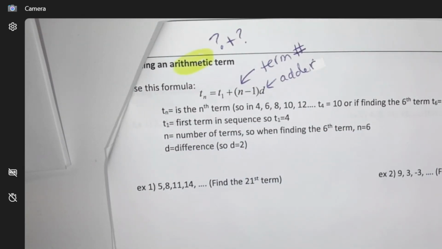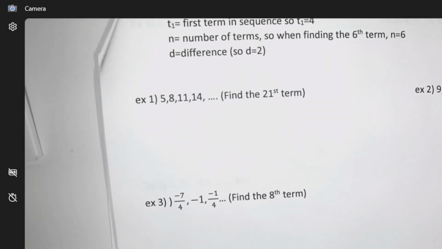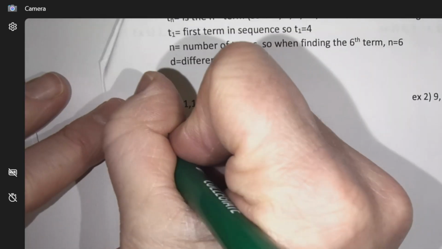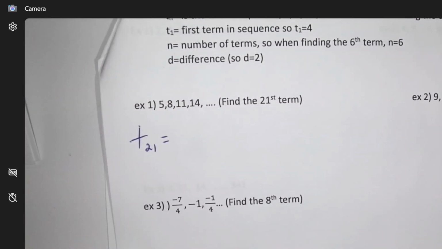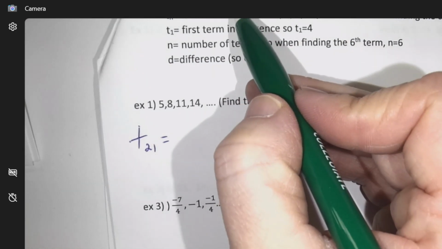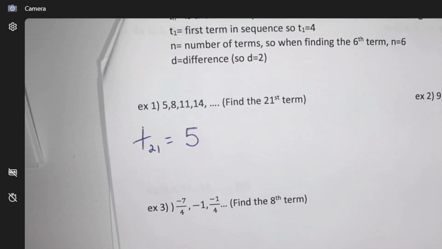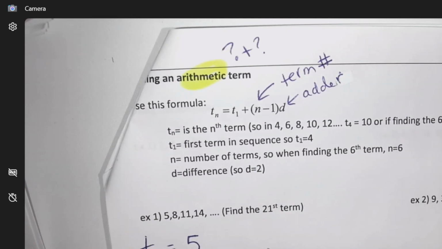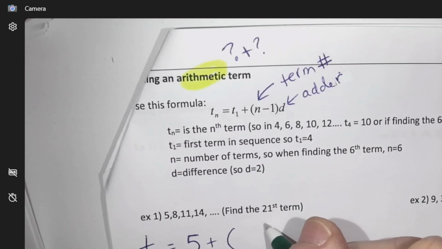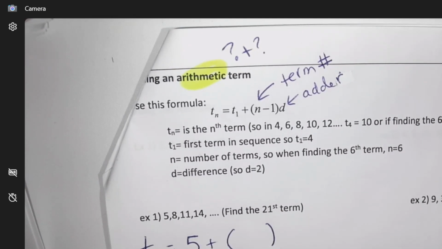Okay, here we go. Find the 21st term. So figure out term 21. First term, which is 5, plus n minus 1.